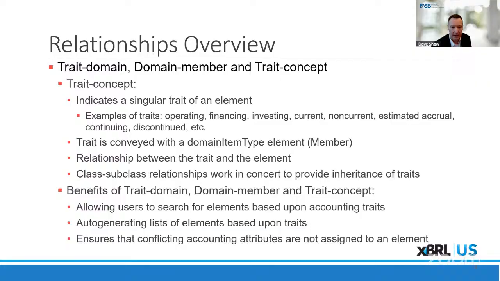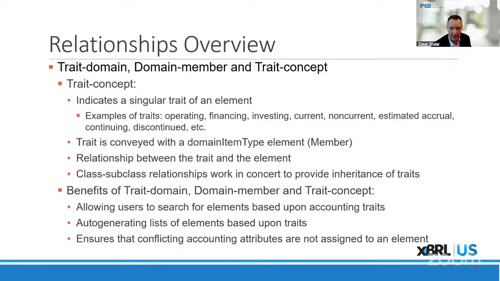And then the last part that I mentioned, the trait concept relationship. This is where the rubber hits the road, where we're actually applying the traits to the concepts in the taxonomy, to a singular element. I've listed out some of the traits we've applied to elements, whether it's operating, financing, investing, current, non-current, and so forth.